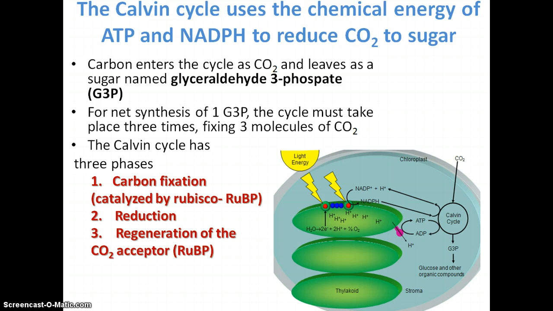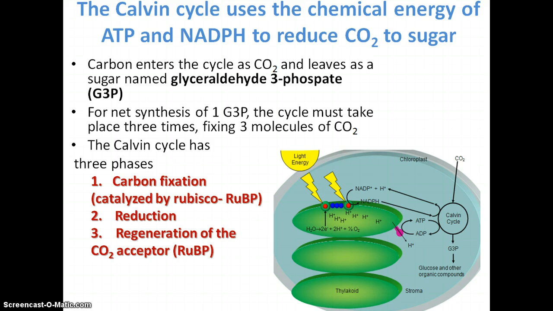The Calvin cycle can be broken into 3 phases. The first phase is the introduction of carbon dioxide, which means we're going to have carbon fixation occurring. This fixation process occurs through the enzyme Rubisco, which we shorten to RuBP. So carbon fixation is our first step.